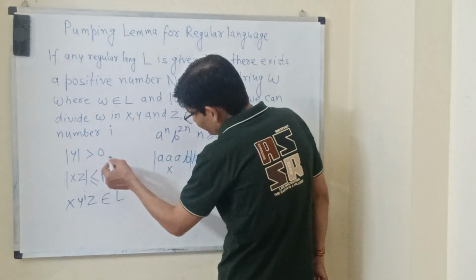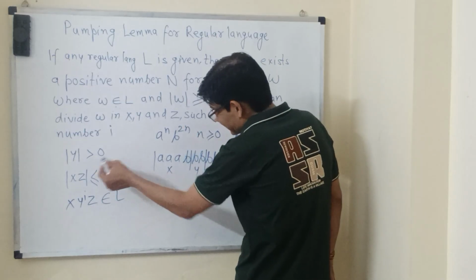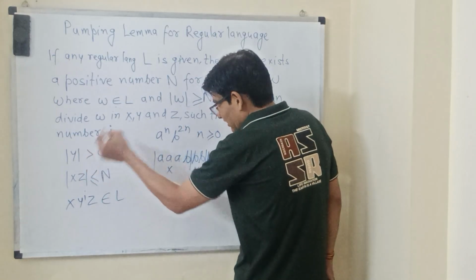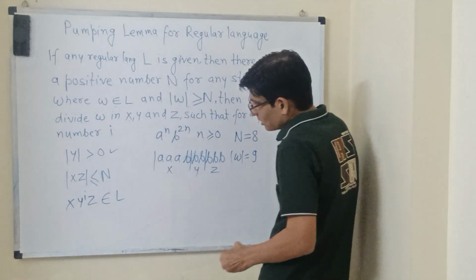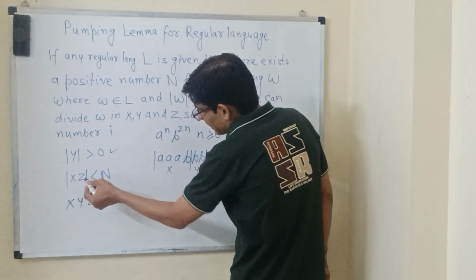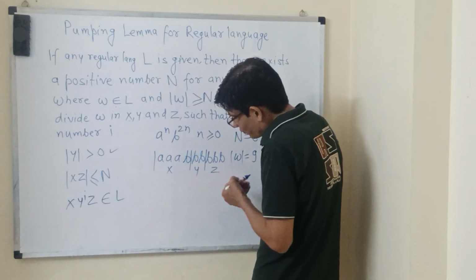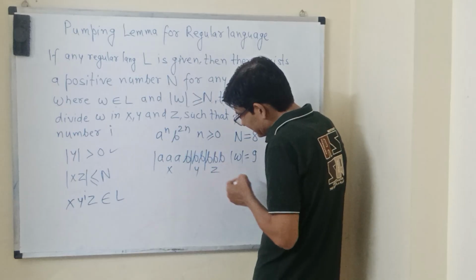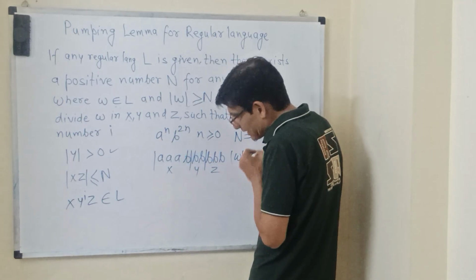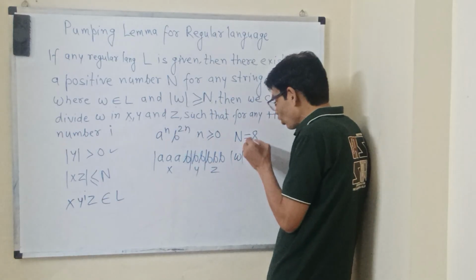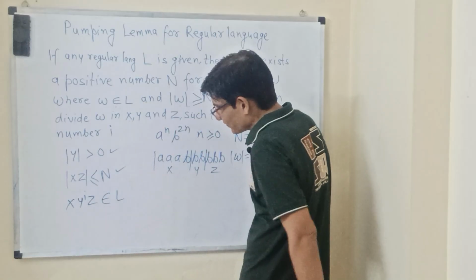The length of Y here is 2, which is greater than 0, so this condition is getting satisfied. Now the combined length of X and Z: the length of X is 4 and the length of Z is 3, so the combined length is 7, which is less than or equal to 8. So this condition is also getting satisfied.